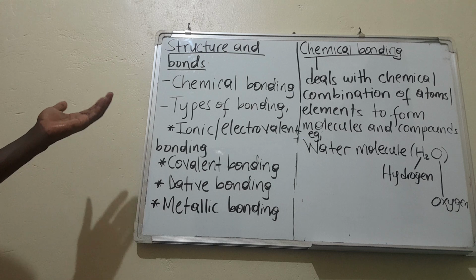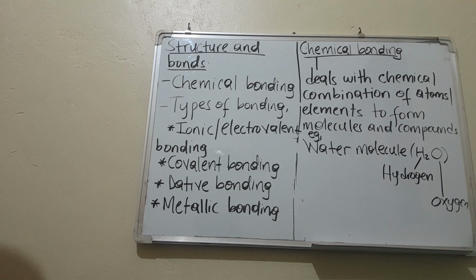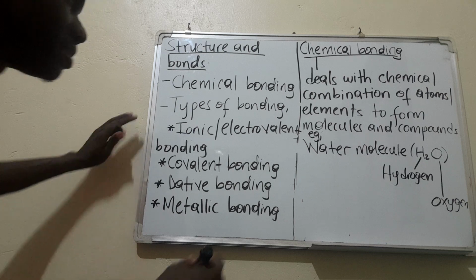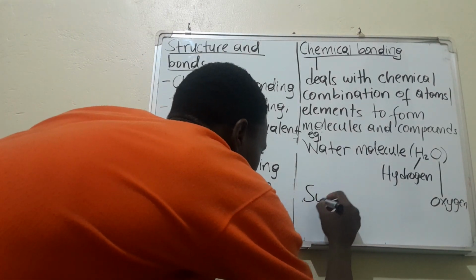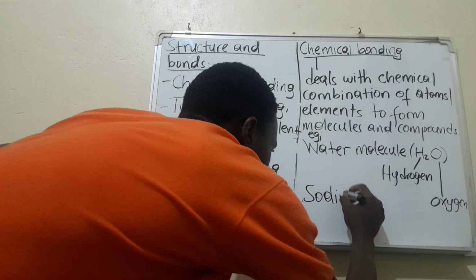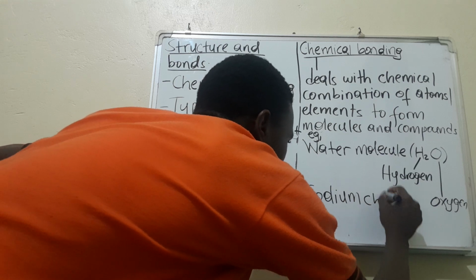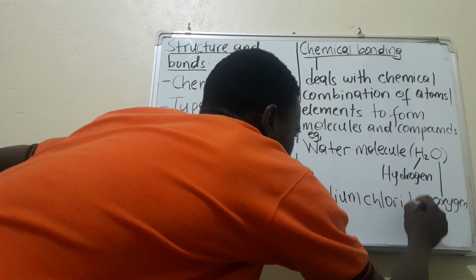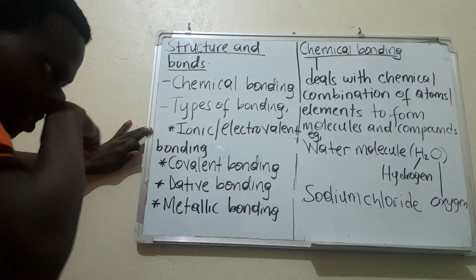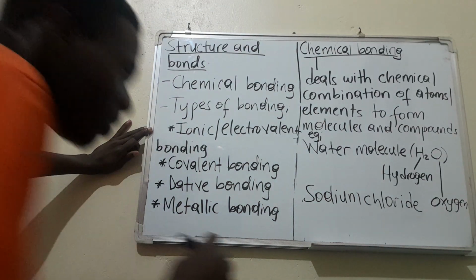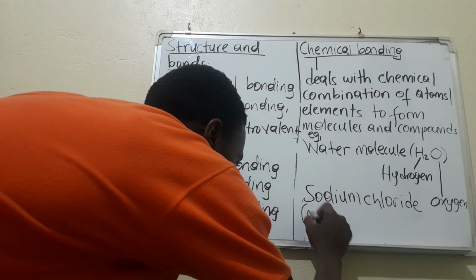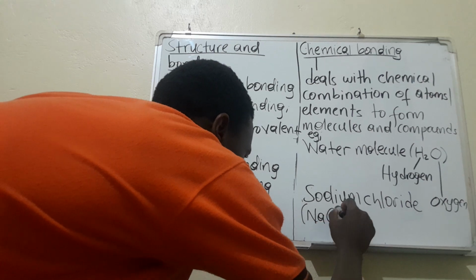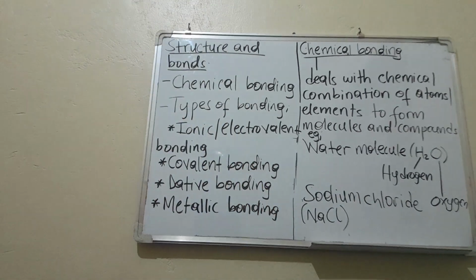We can also use any other example. Let us use common salt. You all know that common salt is sodium chloride. Sodium chloride has the formula NaCl.